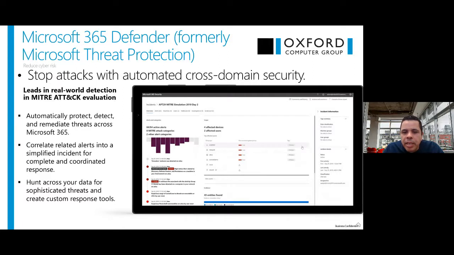They participated in the test with MITRE ATT&CK in an evaluation to determine how Microsoft 365 Defender would fare against an advanced attack like APT29. If you're unaware, APT29 is an advanced persistent threat linked to Russian intelligence.